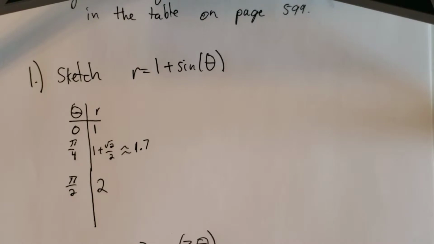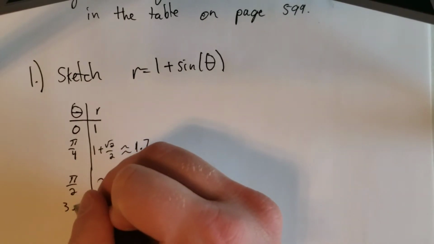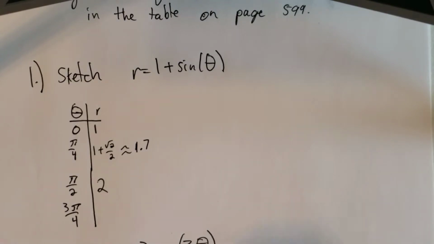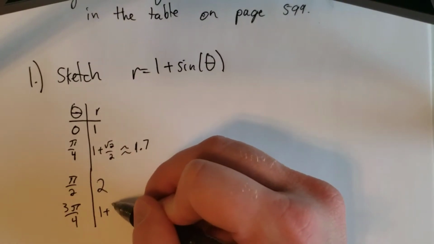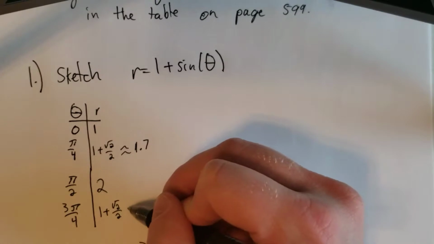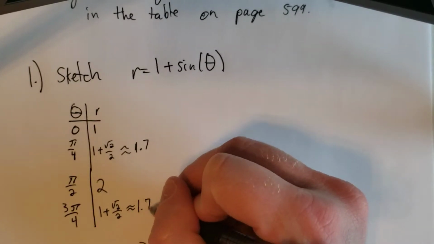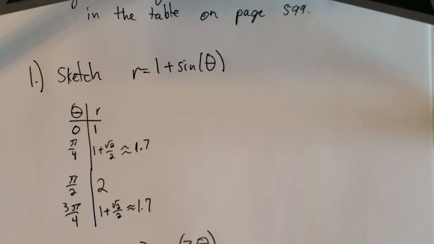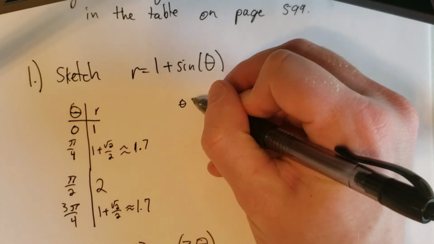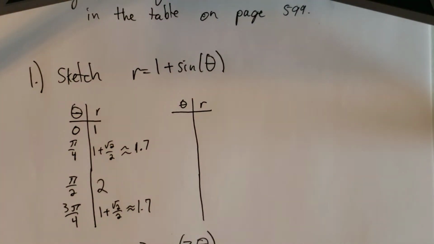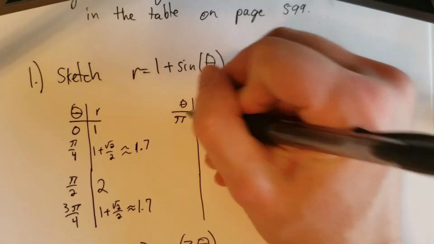We can plug in another one. How about 3 pi over 4? I'm going up by pi over 4 each time. 3 pi over 4 is also root 2 over 2 when we plug that into sine, so this is again approximately 1.7. We can do a few more here. How about pi?